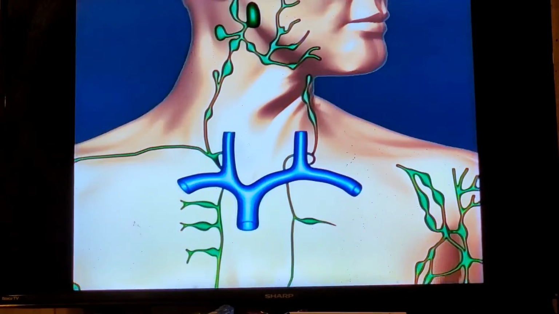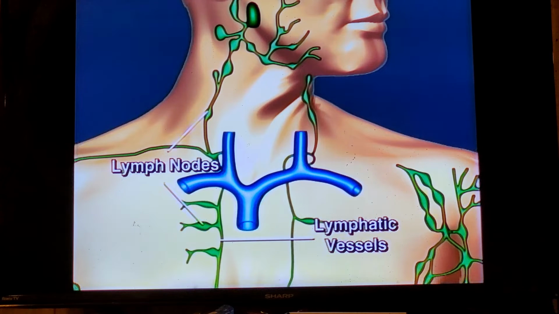These lymphatic vessels usually enter at least one lymph node, carrying the lymph fluid into it. The lymph node, sometimes referred to as a swollen gland, which is not really a gland at all, consists of follicles, which are the structural unit of the lymphatic system.